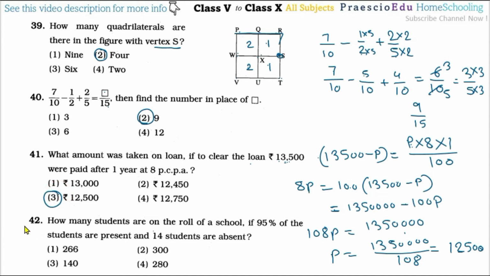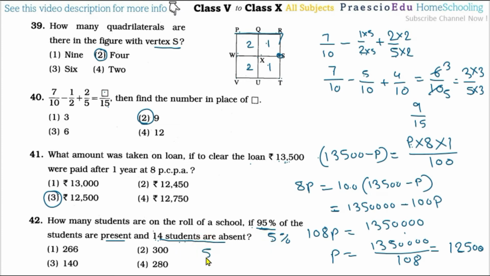Now question number 42, how many students are on the roll of a school if 95% of the students are present and 14 students are absent? Here 14 students are absent, and 95% of students are present, which means 5% are absent. So 5% of the total students equals 14.